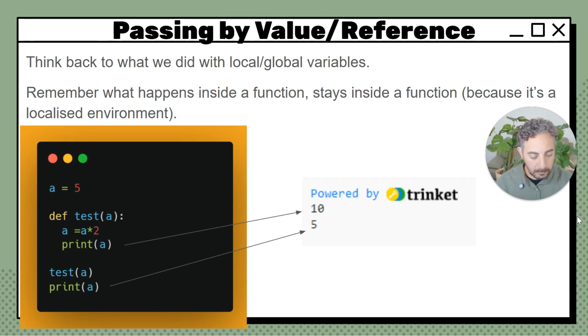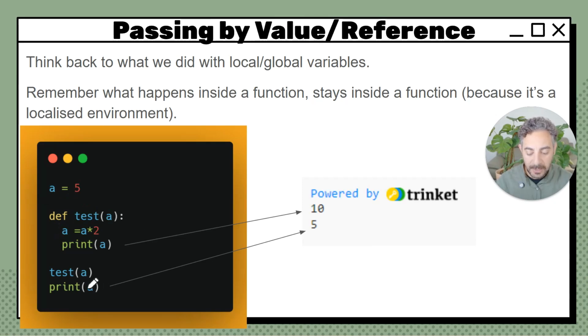It should be clear. So let's start by looking at what we did with local and global variables. If you remember, we said that if we have a variable outside of a function, and then we manipulate that within a function.